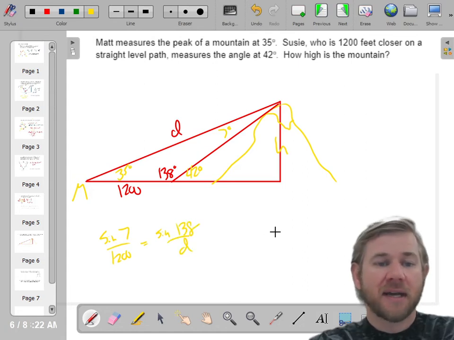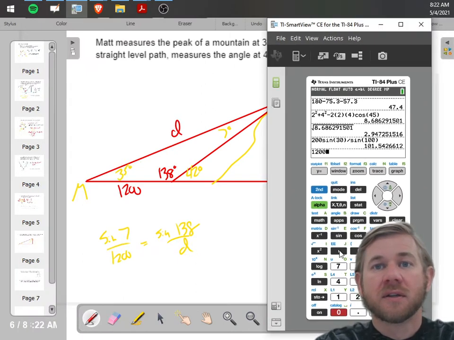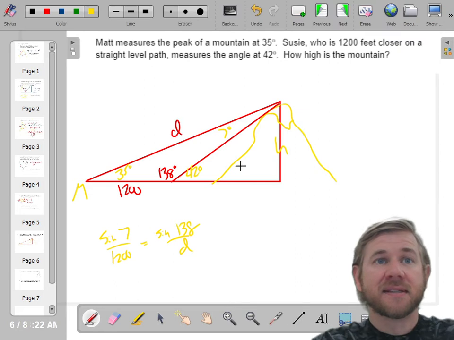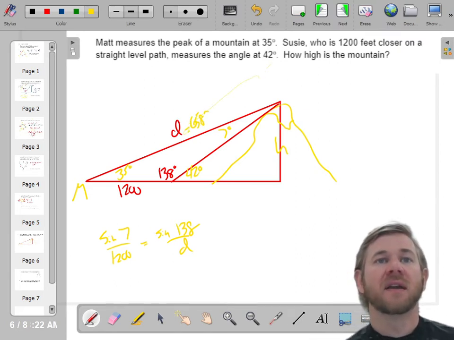And I can figure out my diagonal distance by multiplying 1,200 times the sine of 138 divided by the sine of 7. So that distance is 6588.7. That's a long ways, but okay, fine.